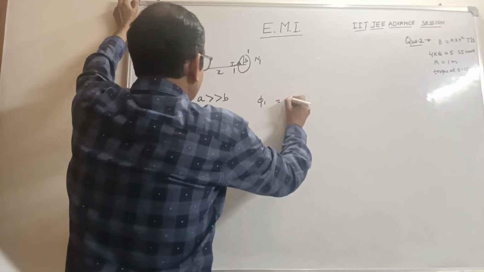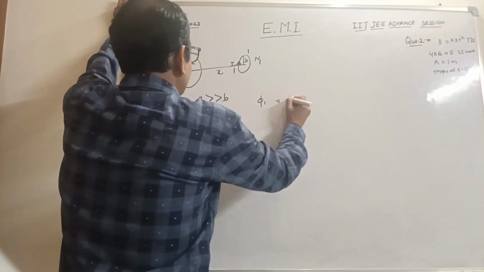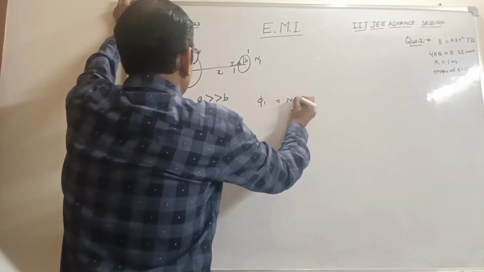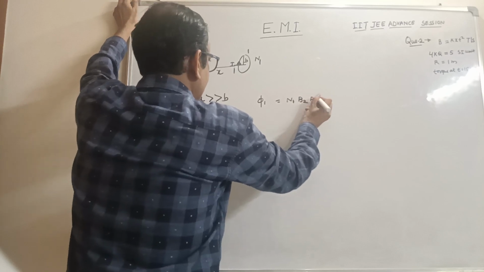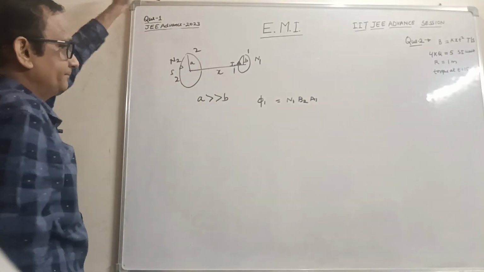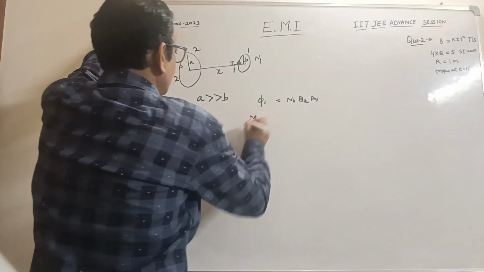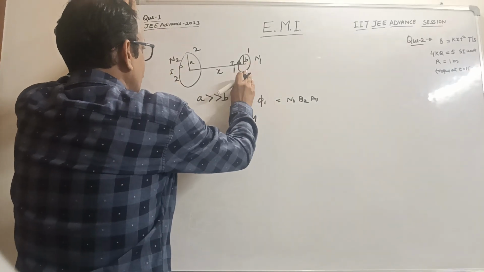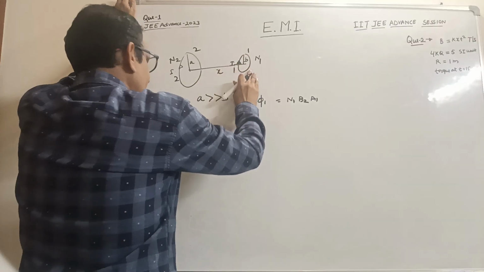So phi1 would be N1 B2 A1. This is the flux through 1.